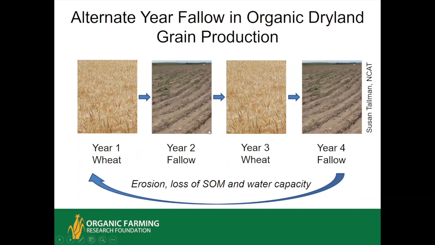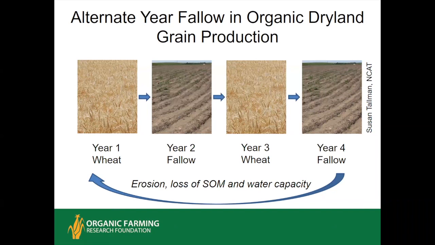But what happens is this whole year of fallow, about a 13-month period where there's nothing on the ground. And during that time, you can get wind erosion, you definitely get loss of soil organic matter, and you lose the water holding capacity. So in the short term, this crop is getting 2 years' worth of rainfall, and that is the rationale behind this rotation. However, in the long term, the capacity of this soil to hold that moisture is going down, down, down.